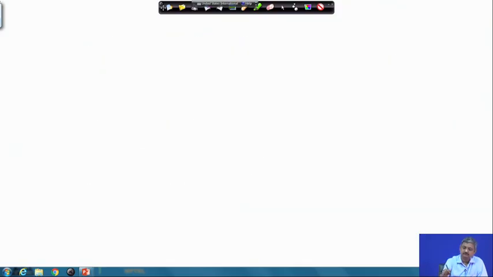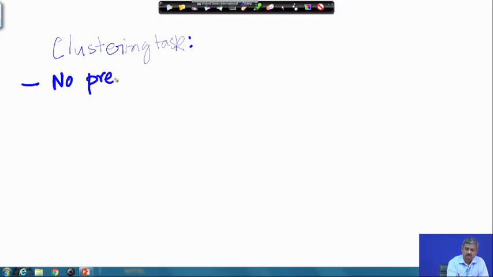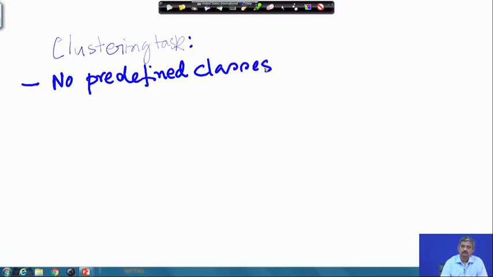Similarly, we also saw the clustering task, where there are no predefined classes.